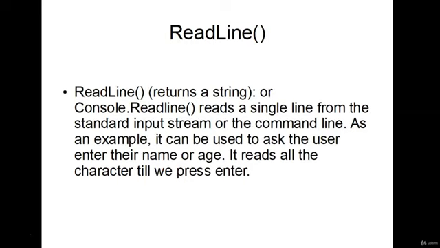Now let's talk about the ReadLine method. The ReadLine method reads a single line from the standard input stream. What's important here is that whatever is entered is returned as a string data type, and that includes numbers as well. Later on, we'll get into the parse method and how to deal with numbers, but that's important to know.